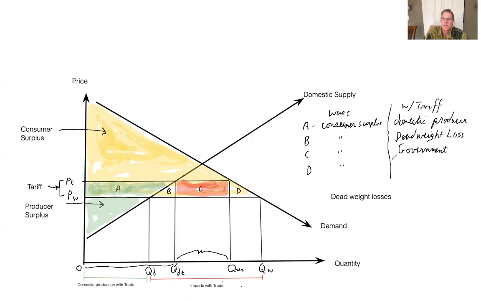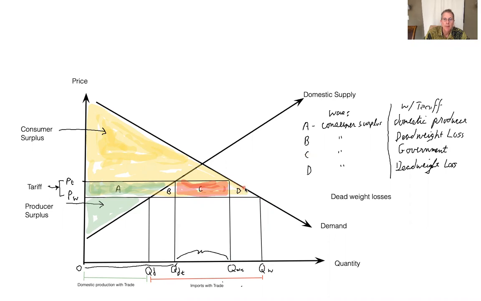And D is also a dead weight loss. Because there, what's happening is consumers previously were able to consume all the way out to QW. Now they drop back to QWT.